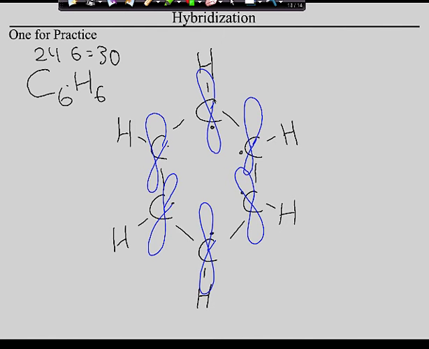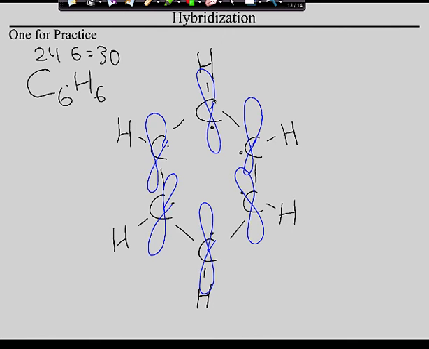And what happens to those unhybridized p orbitals in benzene? They wrap around completely, top and bottom, around the entire molecule. And what do we call that phenomenon? Delocalized pi bonding. Do you get it now? That's the whole idea.